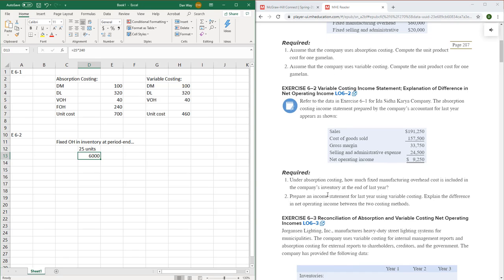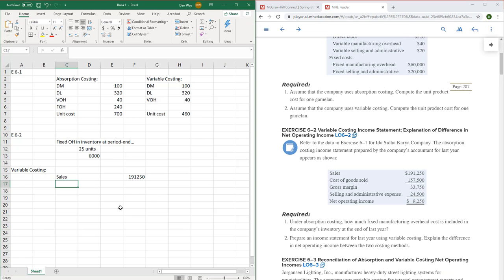The second requirement here was to put together an income statement using variable costing. Remember, at the top line, sales are certainly no different, $191,250. Under variable costing, we want to use that contribution format income statement. So we want all of our variable expenses first.